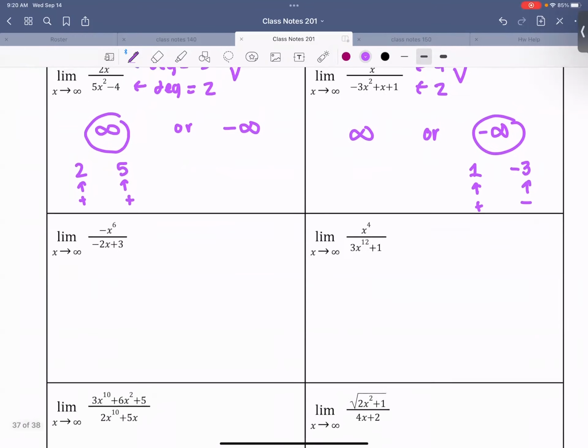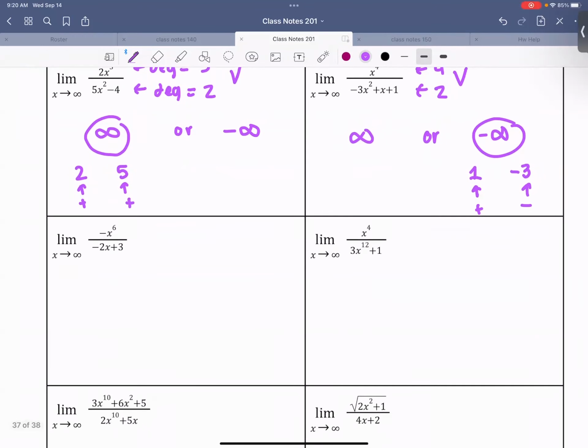All right, one more example. We got negative x to the 6 over negative 2x plus 3. Highest power in the numerator is 6. Highest power in the denominator is 1. Is this going to be infinity or negative infinity? Infinity, good, because even though both of them are negative, when we multiply two negative numbers together, we get something positive.